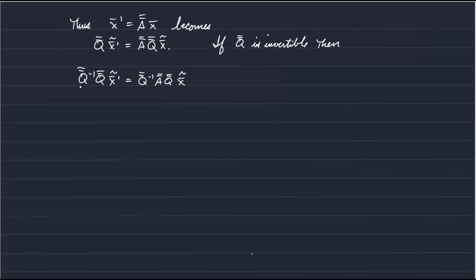And of course, q inverse times q gives the identity matrix. And we have a new system where x tilde prime is equal to q inverse A q times x tilde.